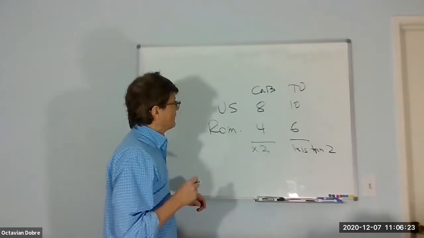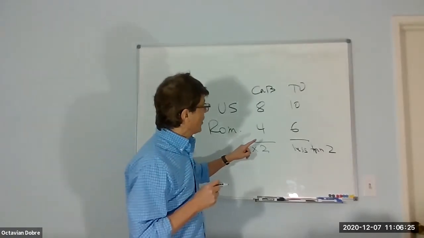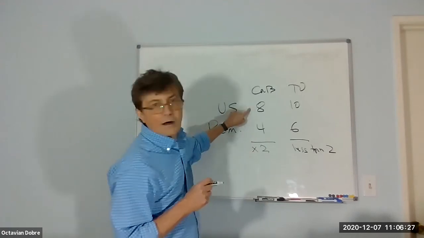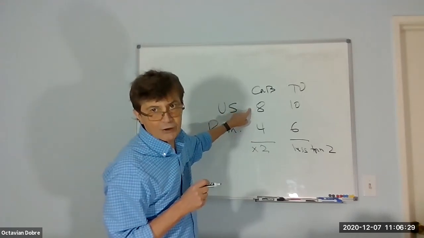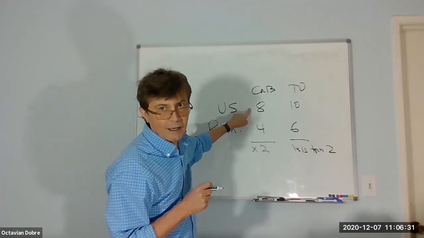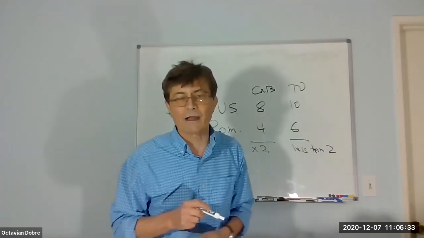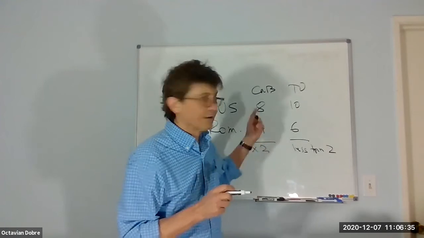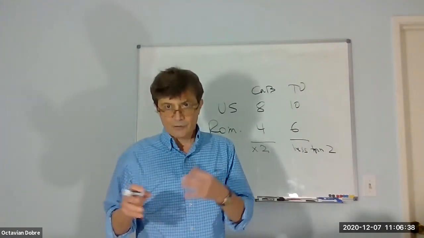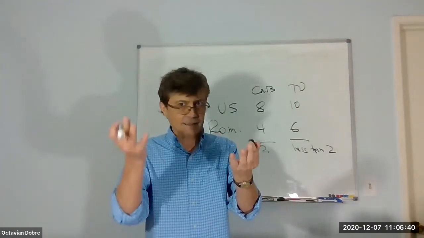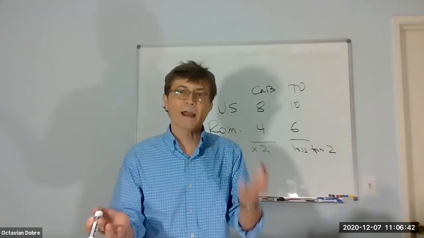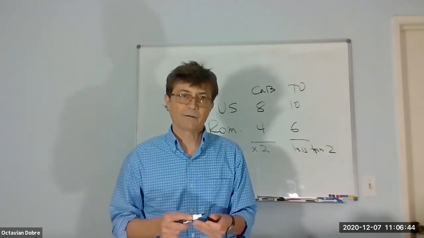So comparative advantage to the US in cars, and therefore comparative advantage to Romania in TVs. So if the US has it in cars, then Romania has to have it in TVs.